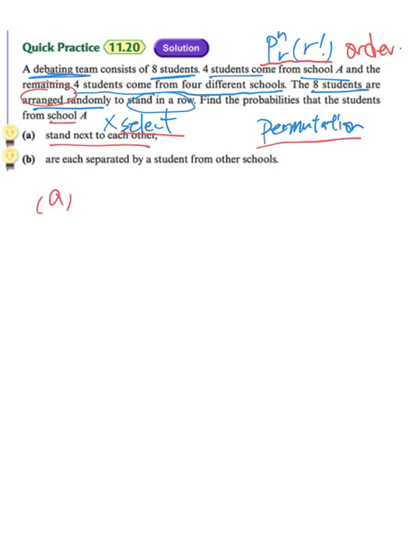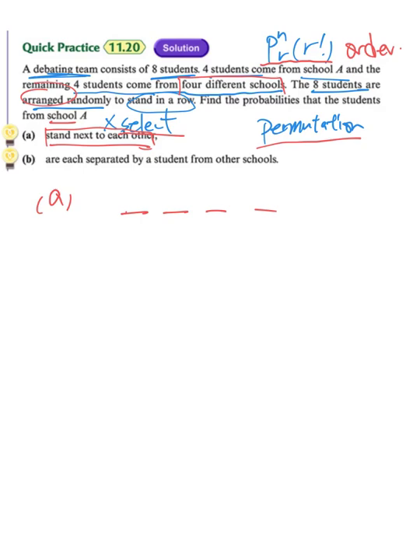In order to make sure that school A students are standing next to each other, you can have multiple ways to think about that. Here I just want to share my thinking. For the 4 students from 4 different schools, let's say they are standing right here.